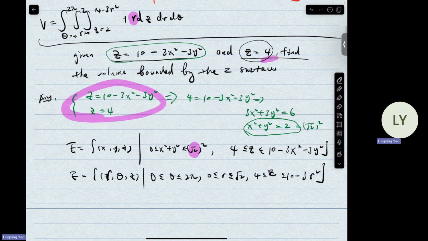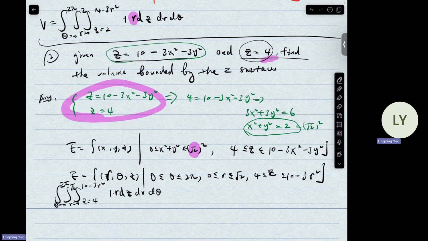And the triple integral set up in this second example will be theta between 0 and 2 pi, r between 0 and the square root of 2, and z between 4 and 10 minus 3 r squared. The integration is on 1 times r dz dr d theta.